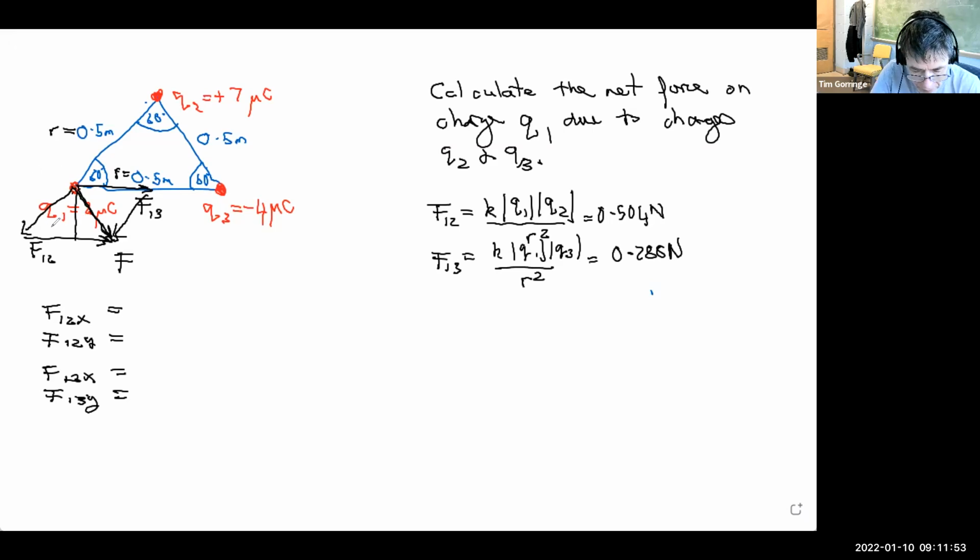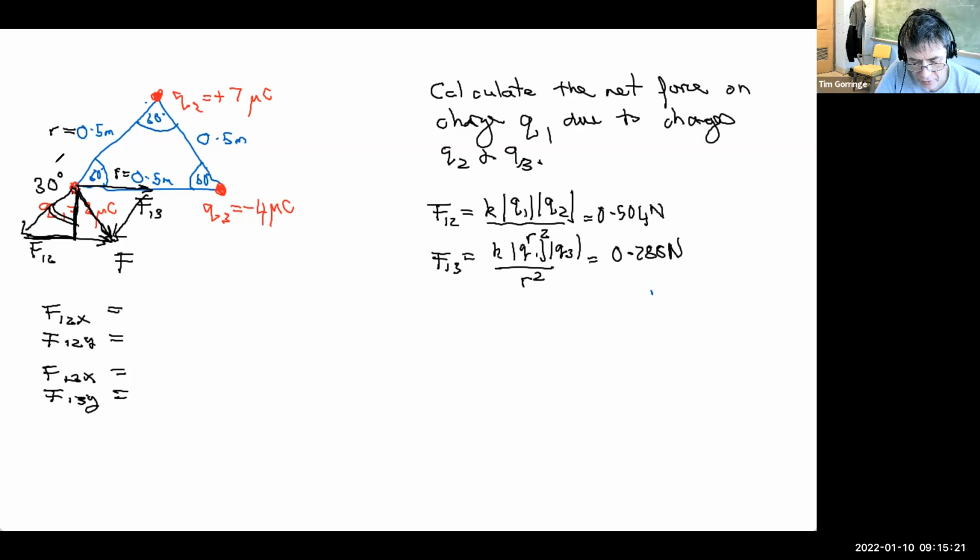So this side here, that's the horizontal component of force F12. This side here, that's the vertical component of force F12. And this angle here, this is 30 degrees.